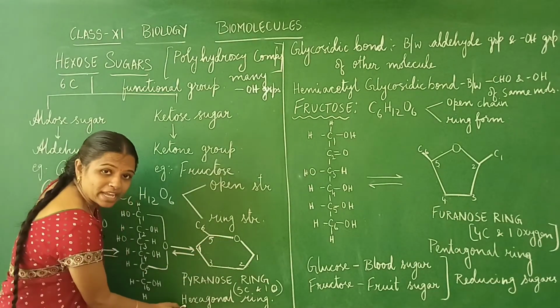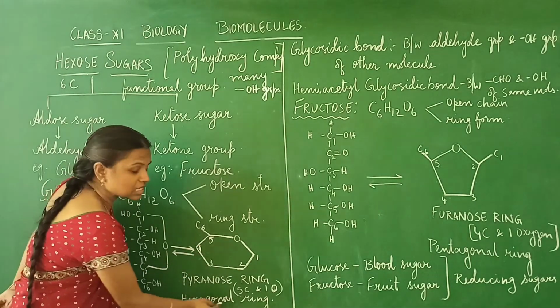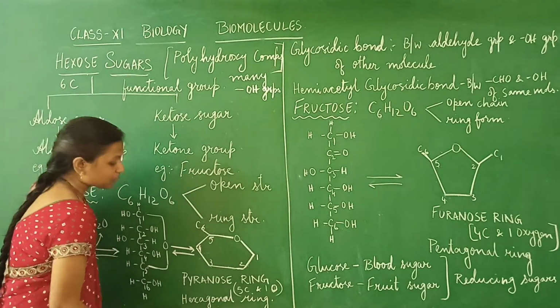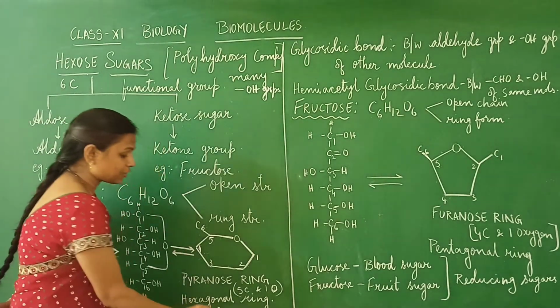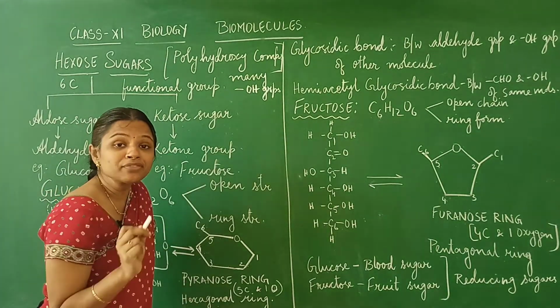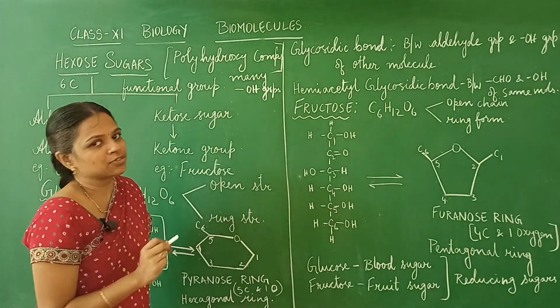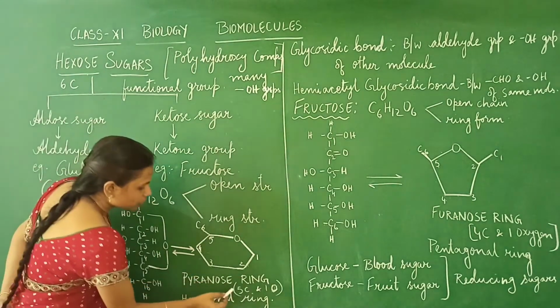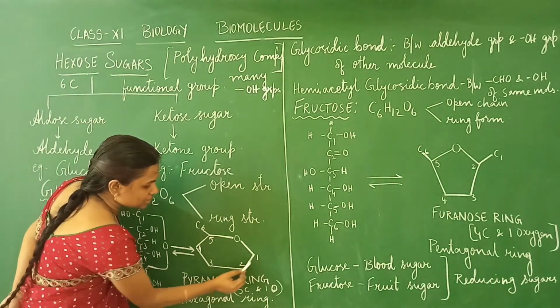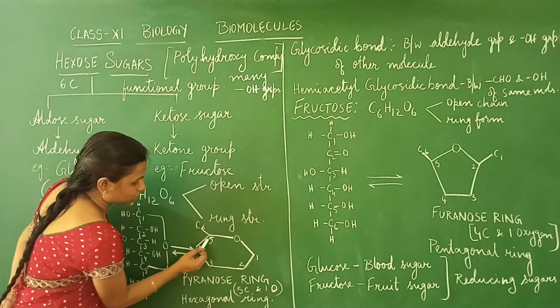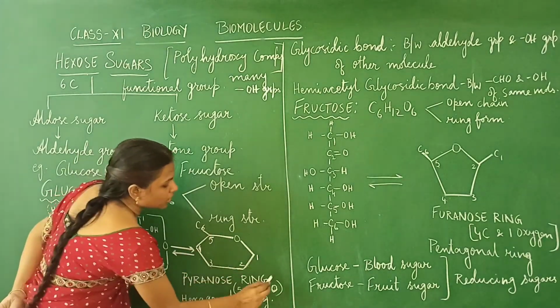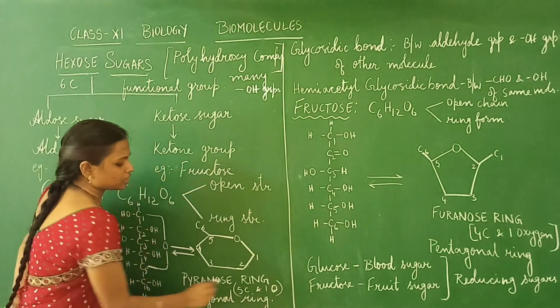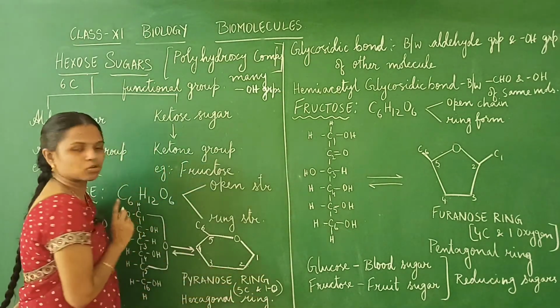That is the reason why it is called the hexagonal ring. Okay. But in this 6-sided, that is the hexagonal ring, only 5 carbon atoms participate in its formation. So, you can see that the 1st carbon atom, 2nd, 3rd, 4th and 5th, only 5 carbon atoms are participating along with 1 oxygen atom over here.